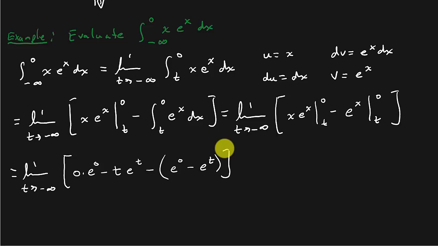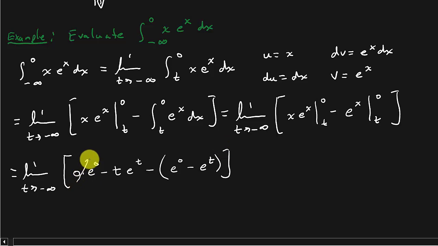All right. So this term here goes to 0. And so that's going to leave us with the limit as t goes to negative infinity of negative t e to the t minus 1. See, minus e to the 0. e to the 0 is 1.